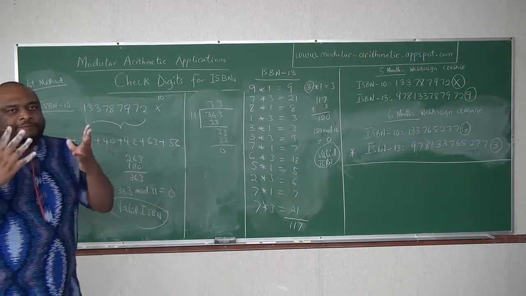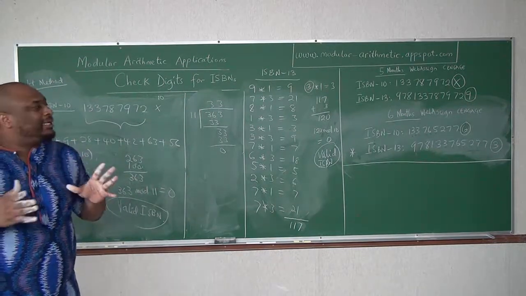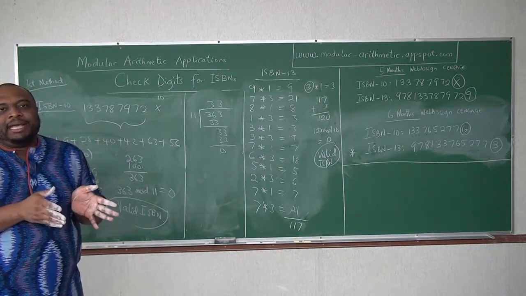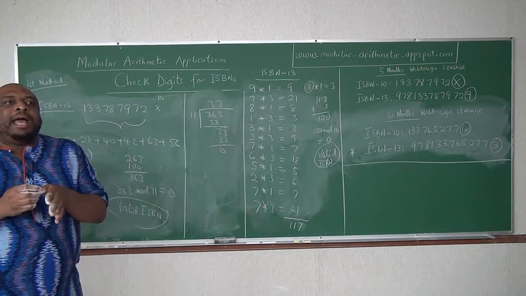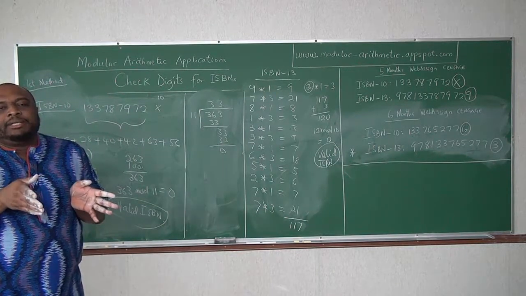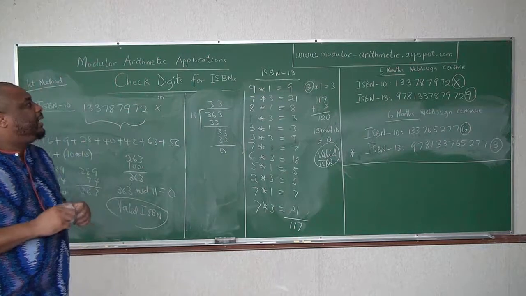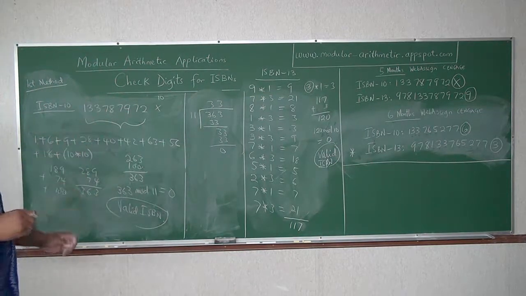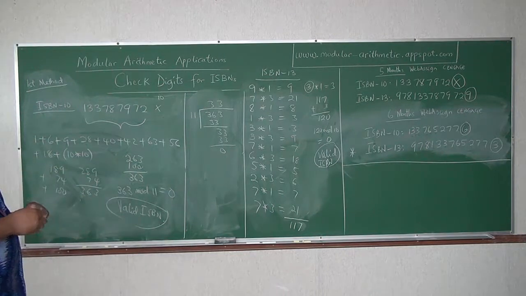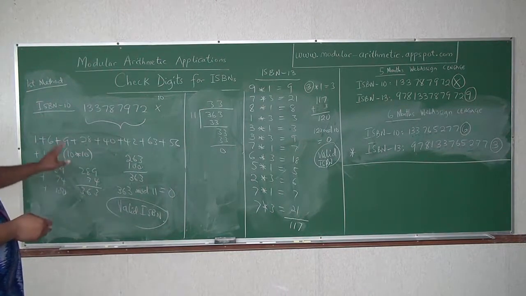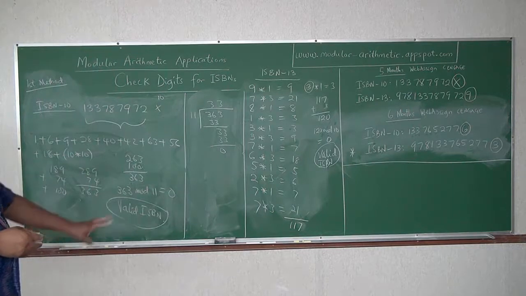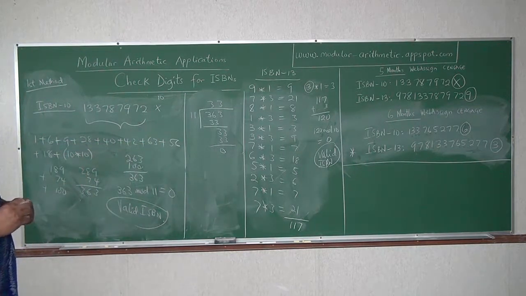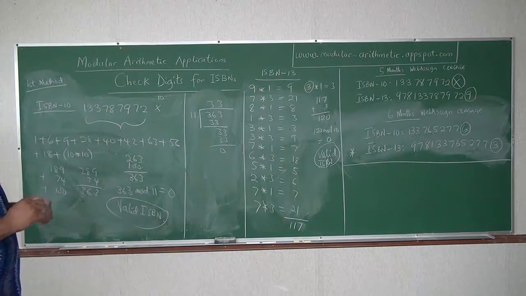Alright, let us now convert. The next thing we have to do is convert from ISBN 10 to ISBN 13, and then from ISBN 13 to ISBN 10. We just did this ISBN 10 and we did this ISBN 13, so let's see what we can do because we might need this.